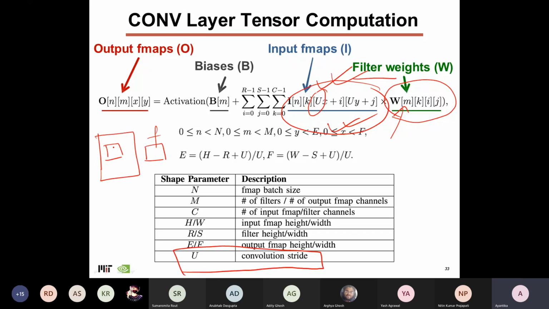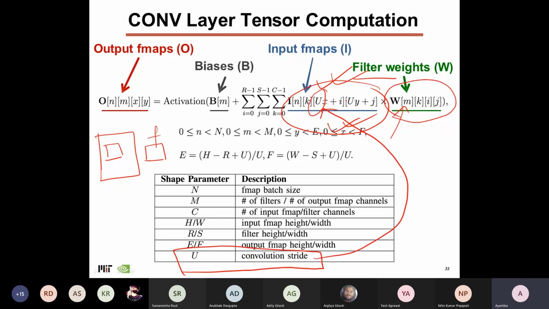I mentioned the stride earlier: when you are shifting, how much slide you are giving to your filter to cover the whole input space. So that stride value is also important, and you have to take care of it when you are fetching the input feature map.